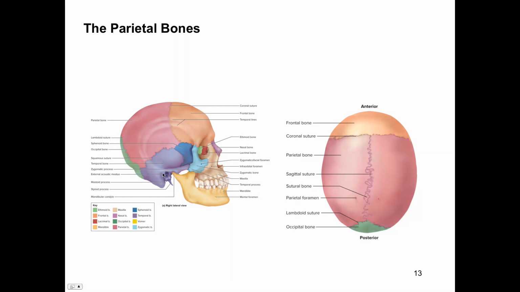And have they named this suture on here? Oh yeah, here it is, squamous suture, right here, between the temporal bone, the parietal bone, and the occipital bone. So you can sort of see it here. So sutures are the joints between these cranial bones, so you need to learn your sutures as well.